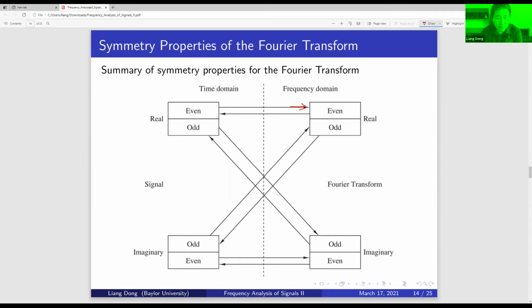If the time domain has only a real part, but it's odd, then it goes here, and the frequency domain signal has only an imaginary part, which is odd. Now if the time domain signal has 2 parts, we can follow this map, and you can find out on the other dimension what kind of signal we have. Right.